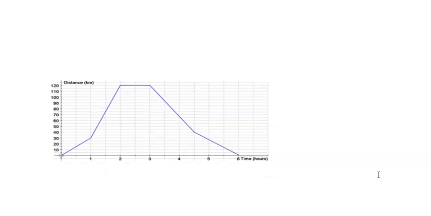Distance time graphs can look very different sometimes, so you've got to be really aware of the scale that is used. So in this example, that double spacing is just 1 hour in this instance, so you just need to be really aware of the scales. And lastly, you can have obviously multiple bits of data on it.